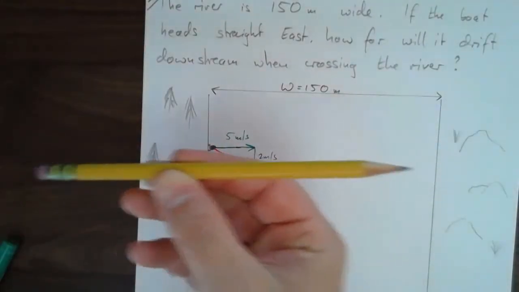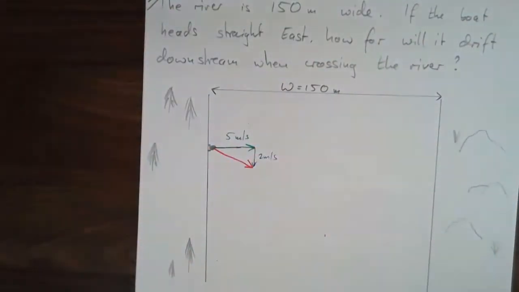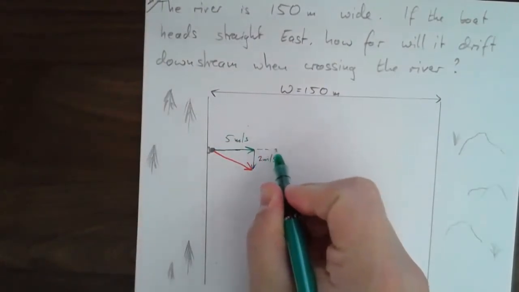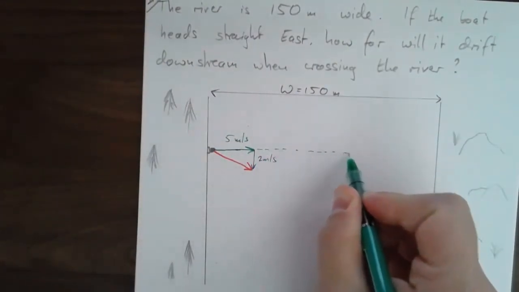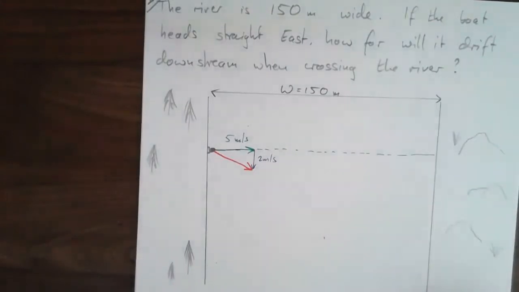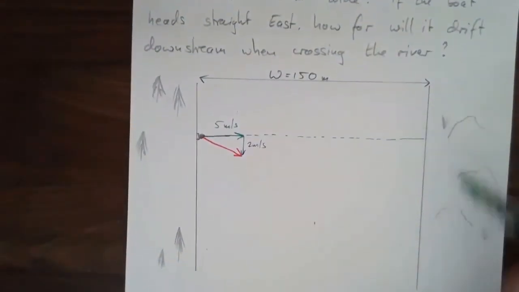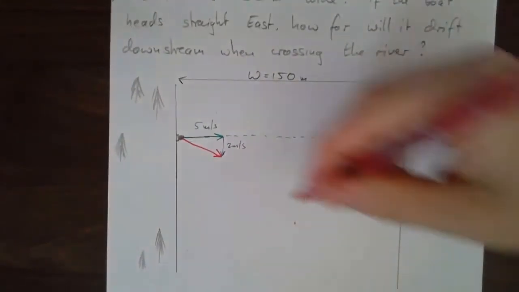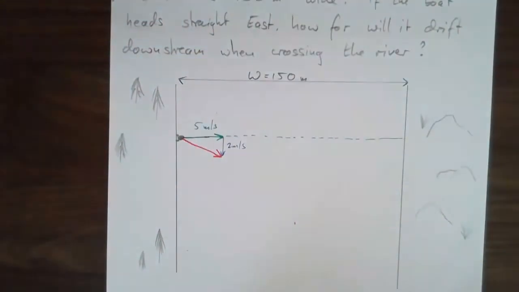The boat is pointing straight east. Well, if there wasn't a flowing river, the boat would just be doing this, and we're there, we haven't drifted. But of course there is the flow of the river, and so we do drift. Now lucky for us, we actually know the direction that we're going in. Let's see if I have a ruler somewhere to make this a bit more accurate.